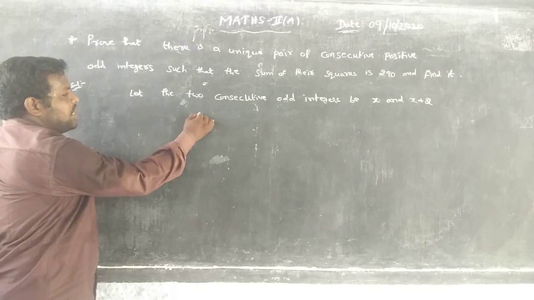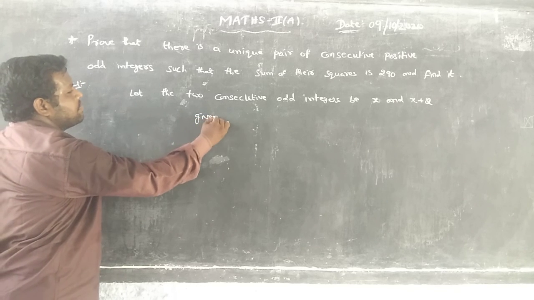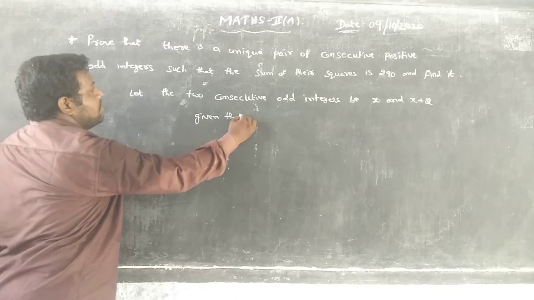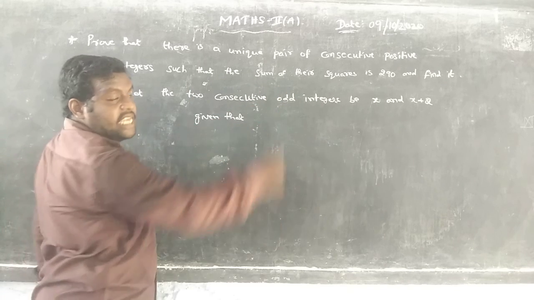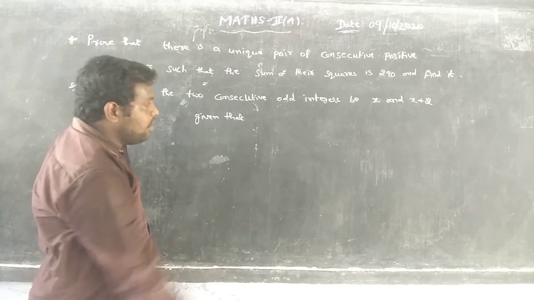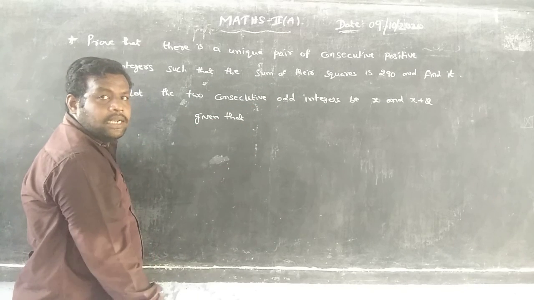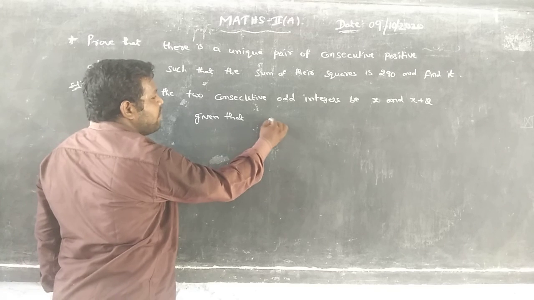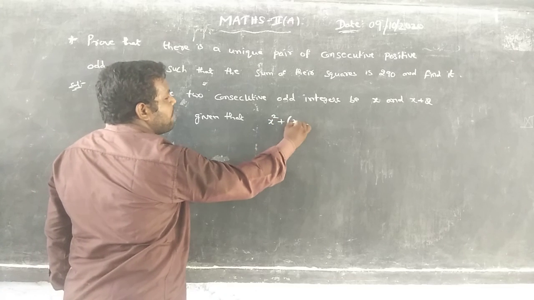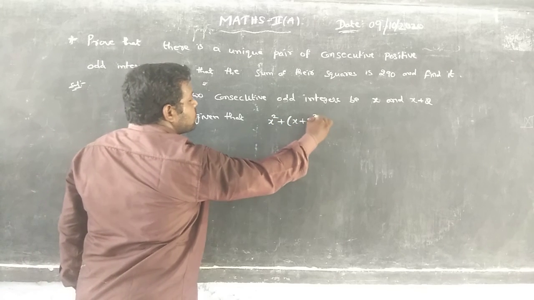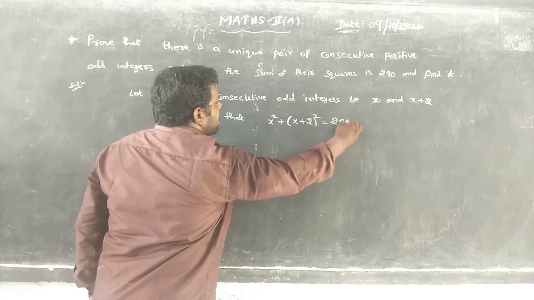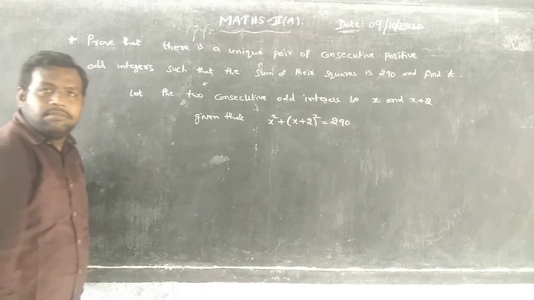So what is the given condition? Given that the sum of their squares is 290. So the sum of their squares means x square plus (x plus 2) whole square is equal to 290. Now we can simplify this expression.